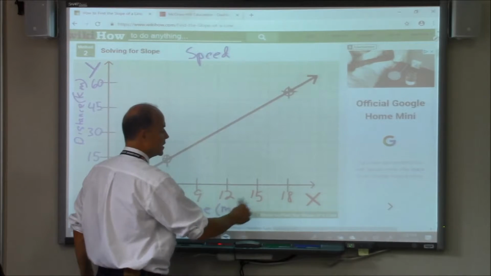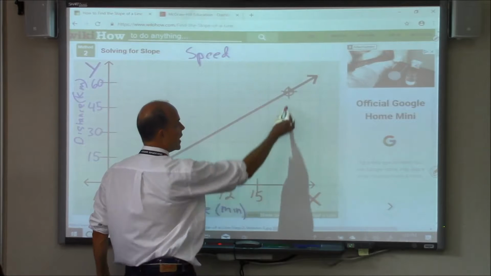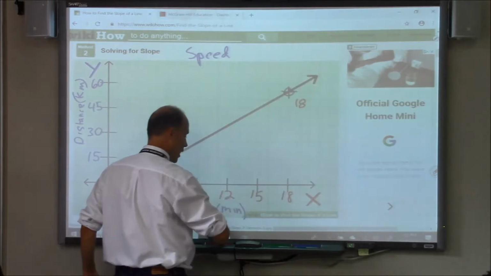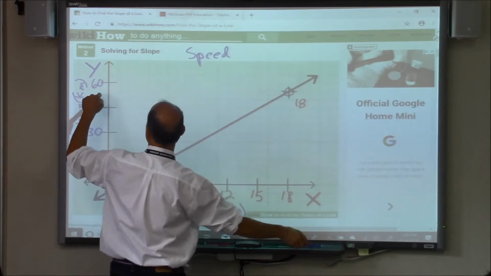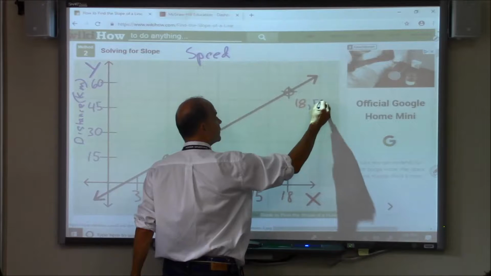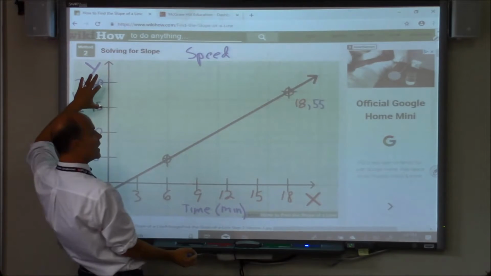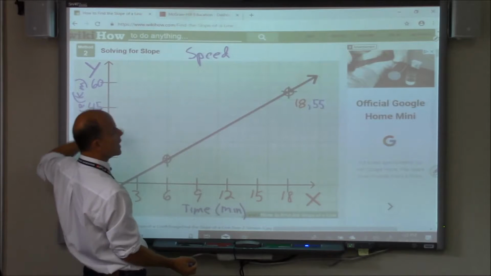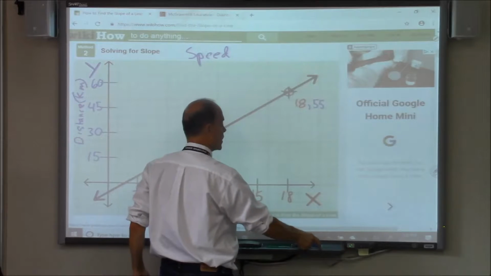The x is equal to 18, and y is equal to 55. Again, you would be estimating if you didn't have these intermediate blocks. I can just look over here and see that that is 18, 55.